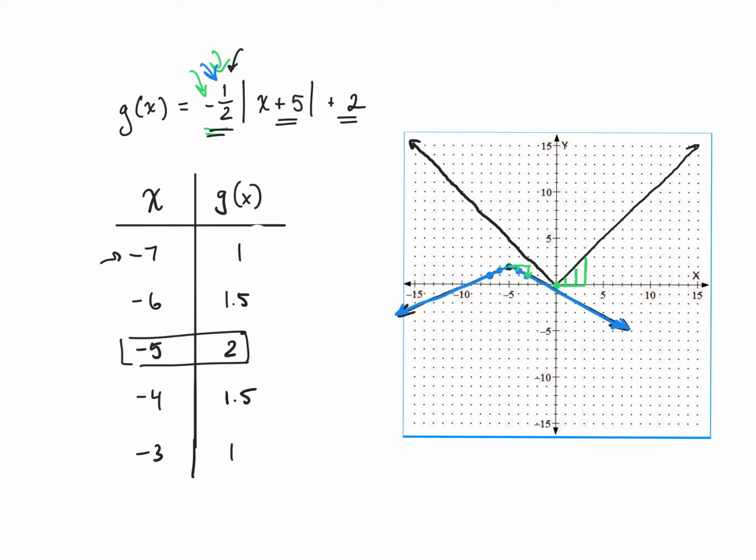What's interesting to me is that this 1/2 is important because I'm only moving half the distance of the original. The negative, though, I think just simply tells me to go the opposite way. So if this had been positive, I think I just would have gone up as opposed to down. So if you have a negative, the negative does nothing for you other than it tells you to literally go the opposite way.